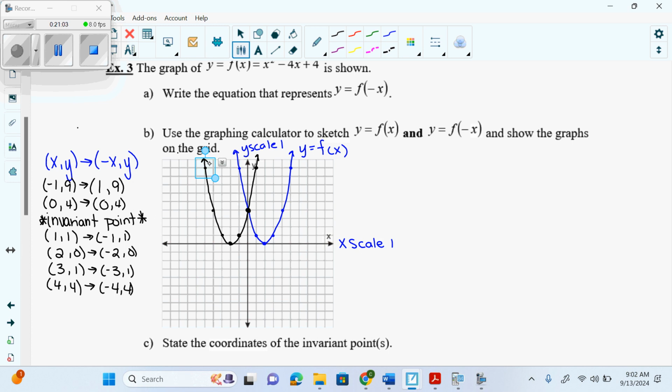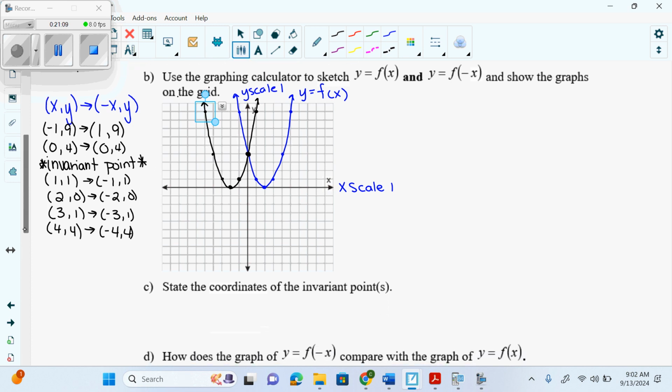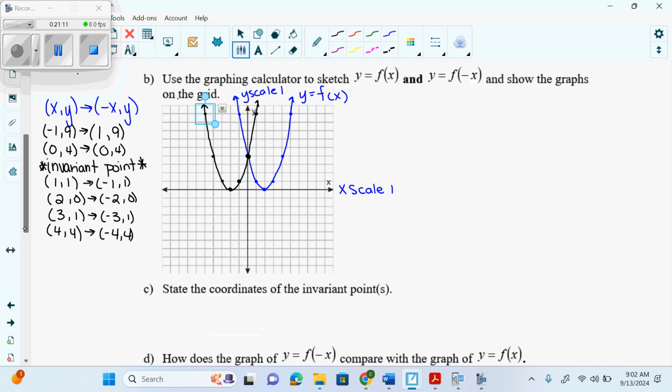So we're actually going to do C and D first, and then we're going to go back up to A because the equation's a bit different. It says to state the coordinate of the invariant points. Well, there's only one. It's (0, 4). And it's invariant because x is 0, and when I multiply 0 by -1, it does not change.